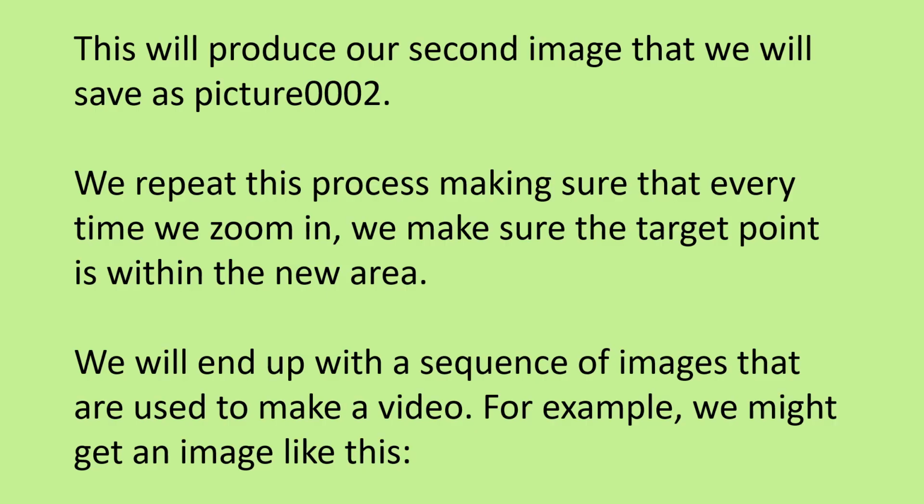Now repeat this process thousands of times, and we'll end up with thousands of pictures that we use to make a video. In the process, we'll get some interesting pictures. Like this one, for example. Different target points generally produce different videos or different images.